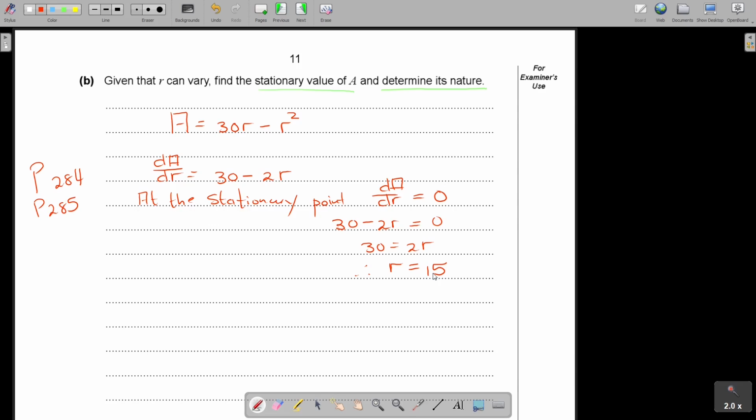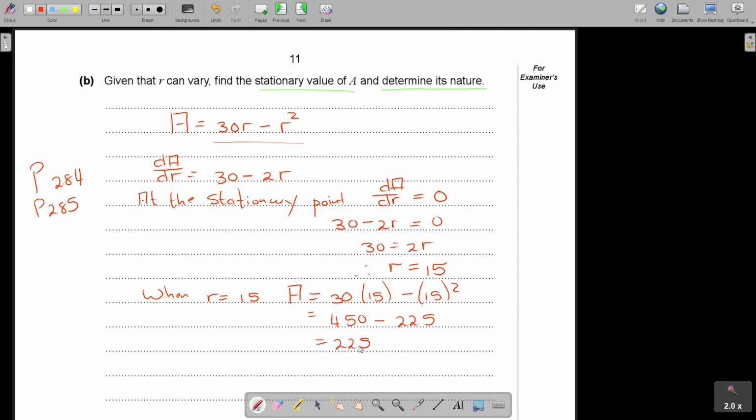Now, when r is 15, then A will be equal to 30r minus r squared. So substitute it in the original equation: 30 times 15 minus 15 squared. That will be 450 minus 225, and that will be exactly 225.